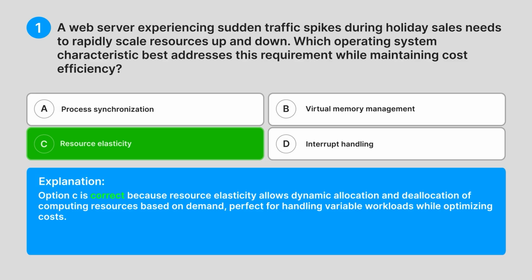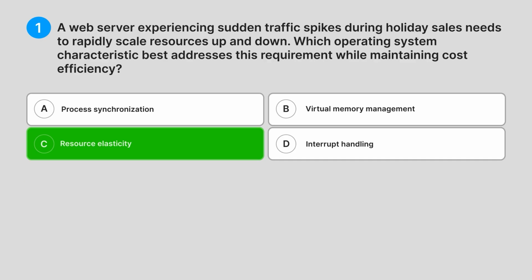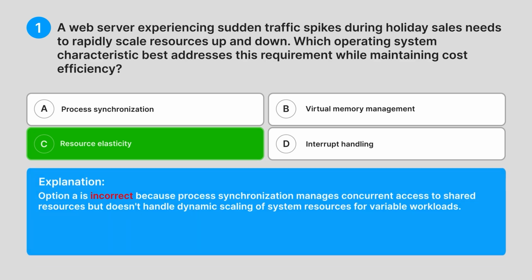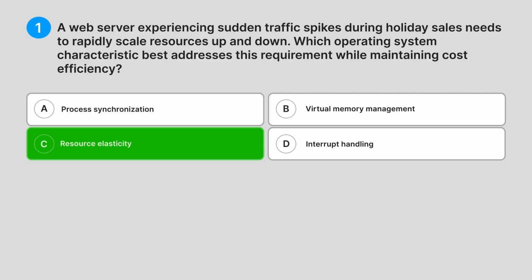Explanation: option C is correct because resource elasticity allows dynamic allocation and deallocation of computing resources based on demand. Perfect for handling variable workloads while optimizing costs. Option A is incorrect because process synchronization manages concurrent access to shared resources, but doesn't handle dynamic scaling of system resources for variable workloads.